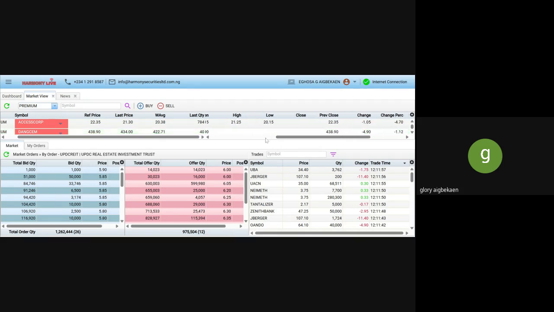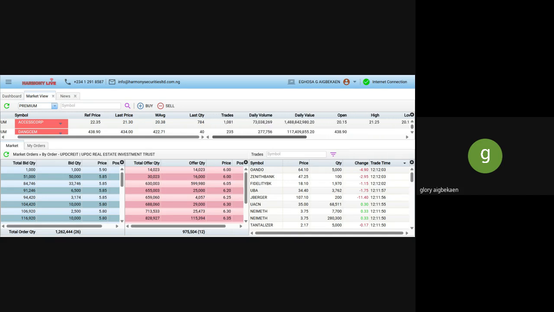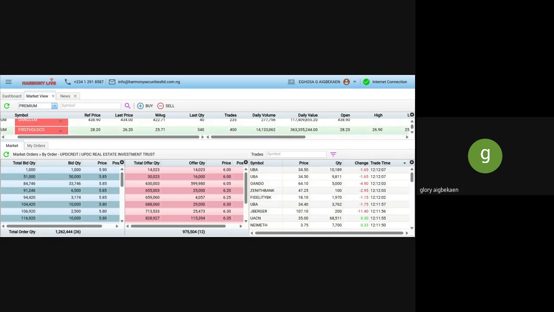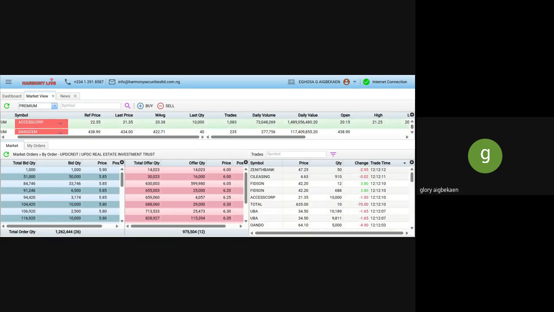You understand? And the liquidity of Access Bank is not here. The liquidity is. You see, Access Bank has traded 1.4 billion this morning. So when I say the liquidity is there, you understand.